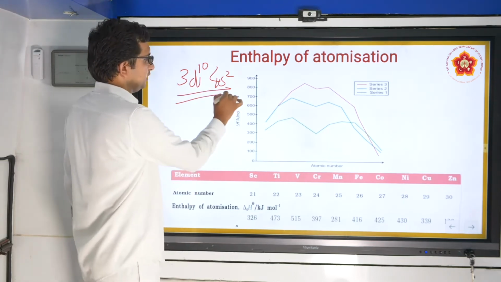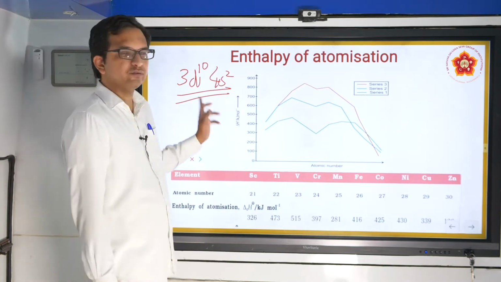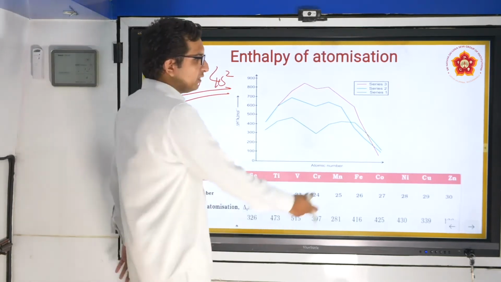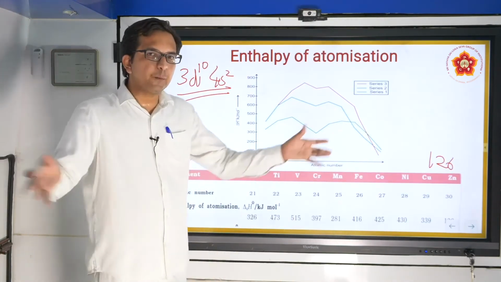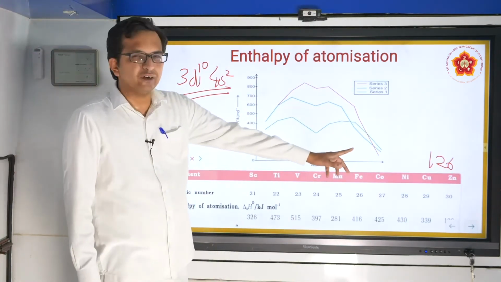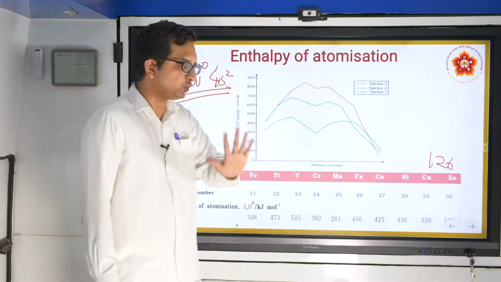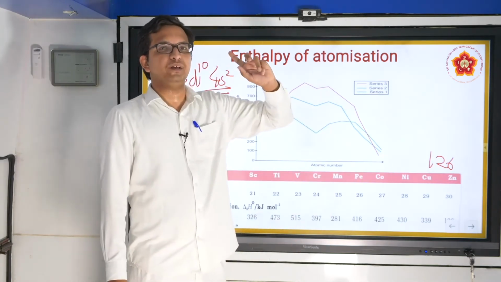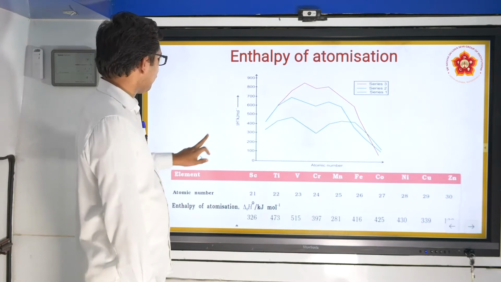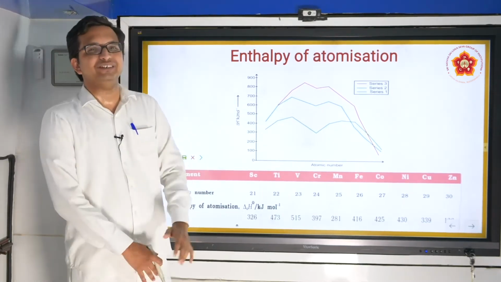So this configuration will give it maximum stability with complete filling of 3d and 4s, and therefore the enthalpy required for this atomization, which means the enthalpy for stability needed, will only be enough, equivalent to 126, which happens to be the least of all the elements present. So this is about the enthalpy of atomization factors that are responsible for d block elements.